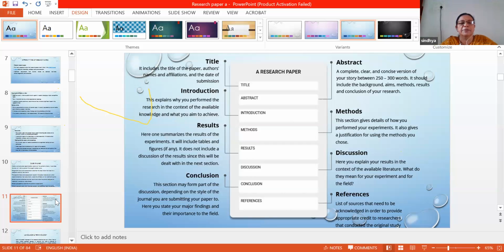So an abstract must be there, and it must be followed by keywords. The keywords help when you publish your paper. The keywords are more important because based on the keywords you can get wide readability of your article.